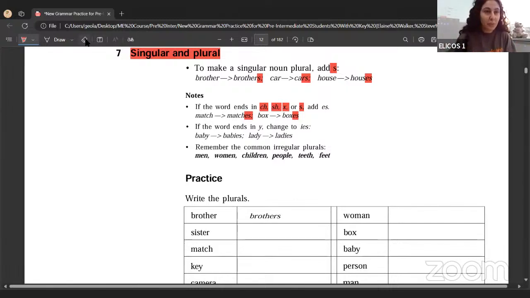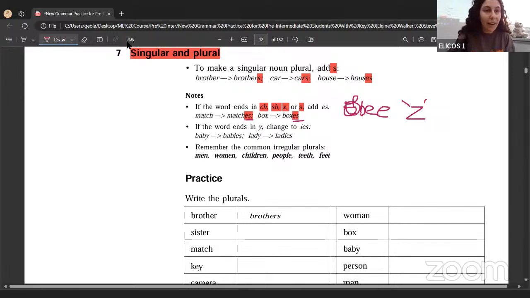So if you want to maybe draw a picture of a bee, I can't draw very well, just to remember that this sound is like a z. So boxes, matches.